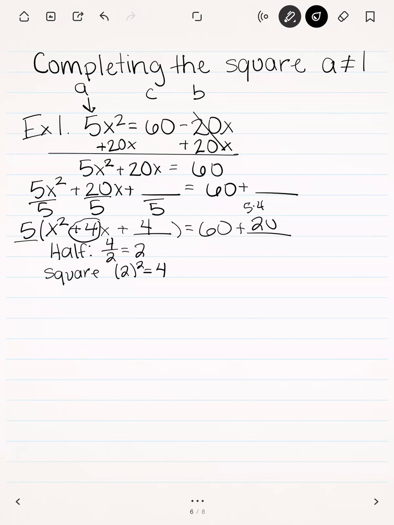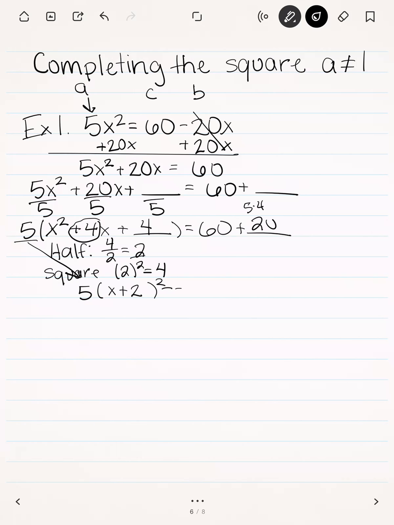So now I go to my shortcut. I have my parentheses squared. I have my variable x and my half term, which was 2. And I have to remember to bring down this 5 and keep it in front. And it equals 80. Okay.